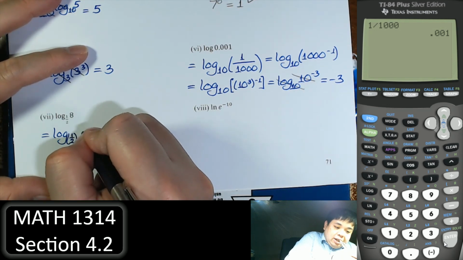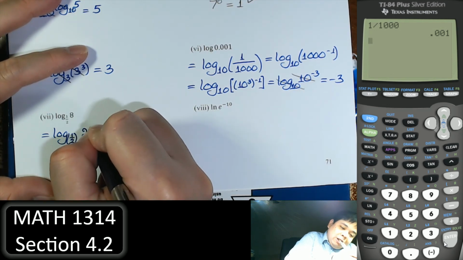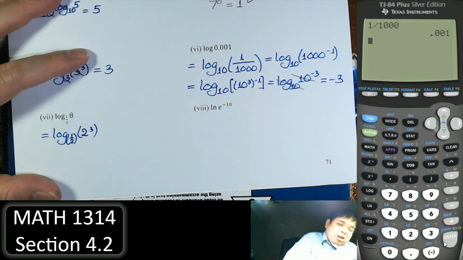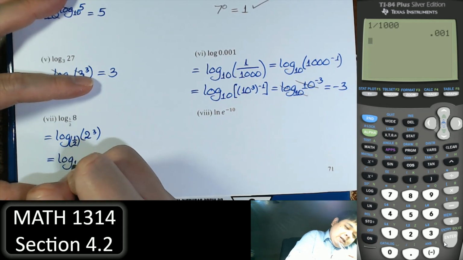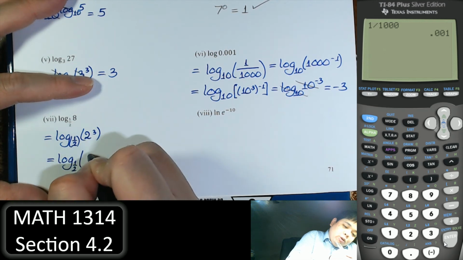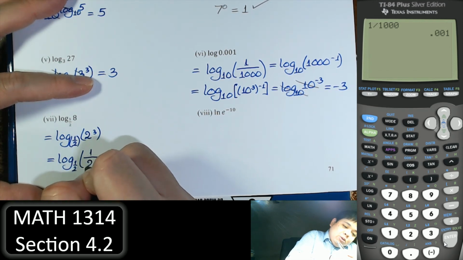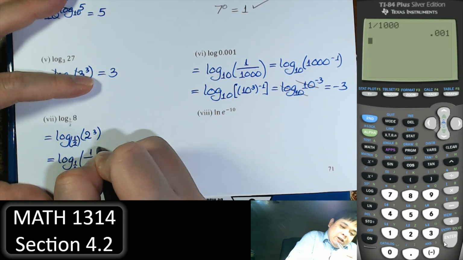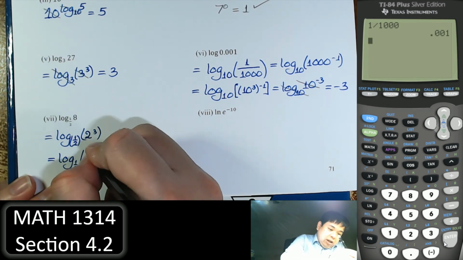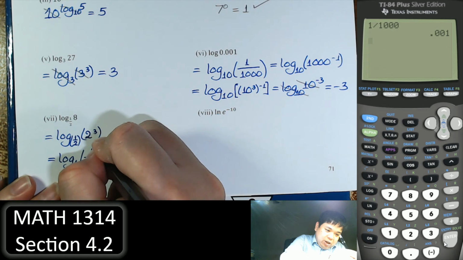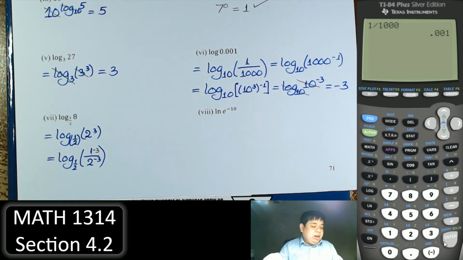So the 8 here I can write as 2 cubed. Now the 2 cubed, if I move to the bottom, it becomes 2 to negative 3. And then 1/2 we can also write as 2 to negative 1, so 1/2 to negative 3 is still 8.